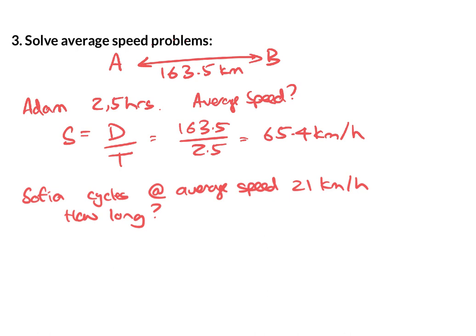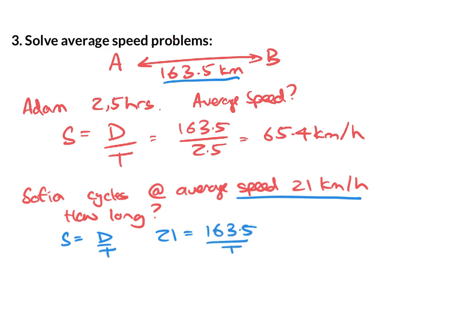So what do we have here? Let's do this in blue now. So we have the speed and we have the distance. So let's just put our formula. Speed equals distance over time. Speed is 21. Distance is 163.5. And the time is what we're trying to find. Now our unknown is at the bottom of the fraction here, so we can bring that up here and bring that down there. We can basically swap these two.